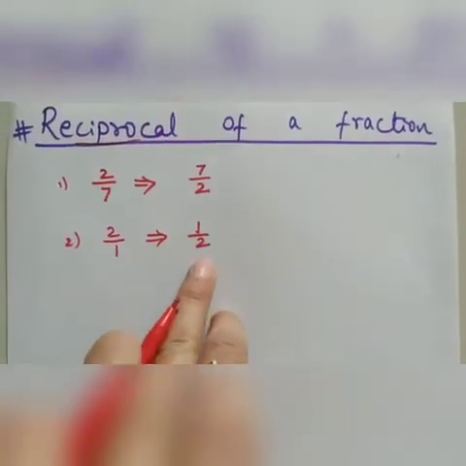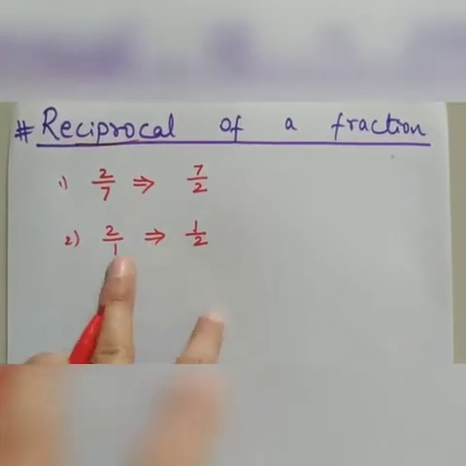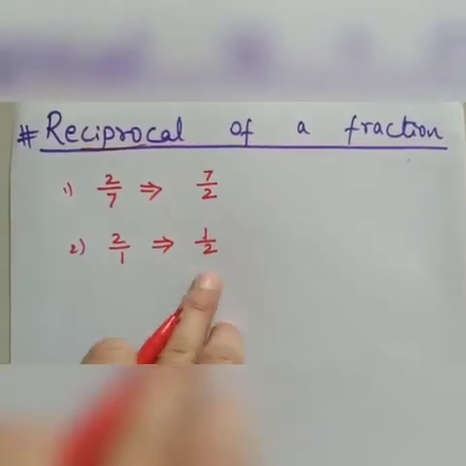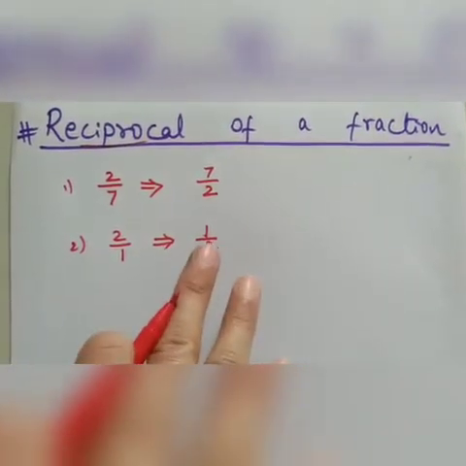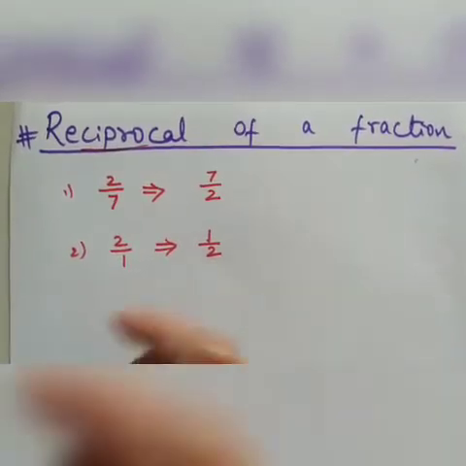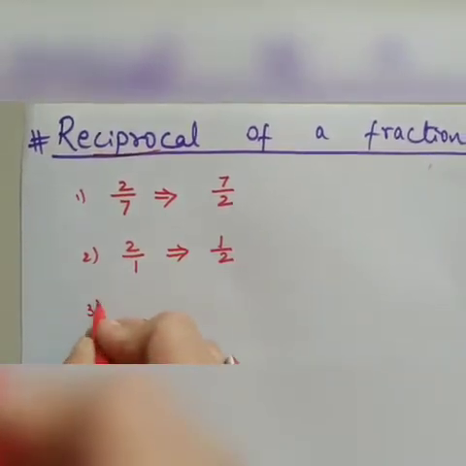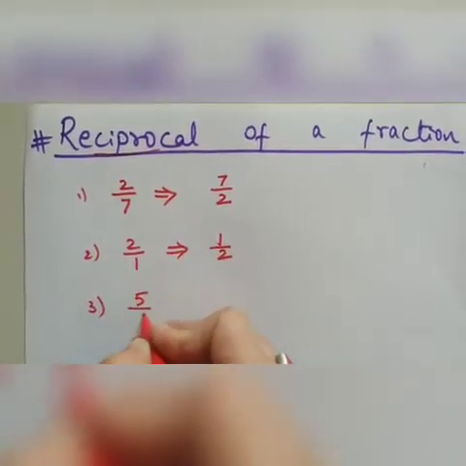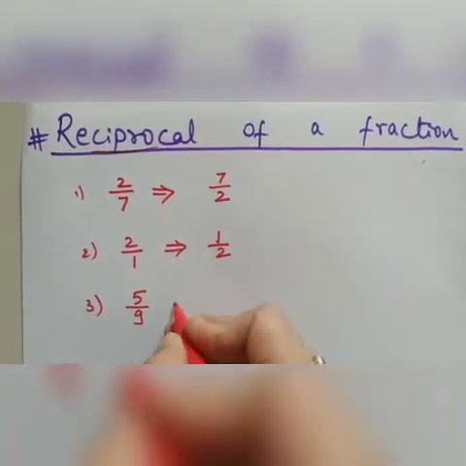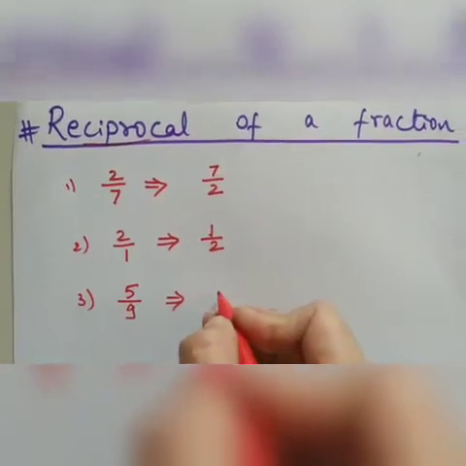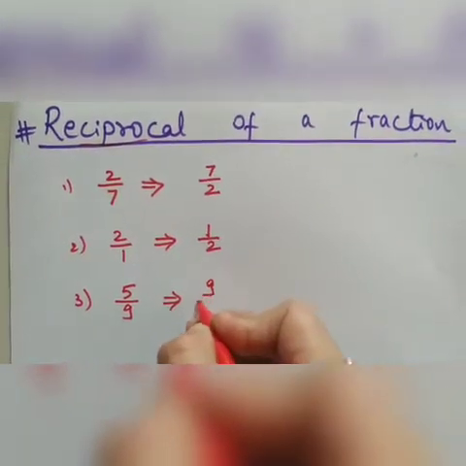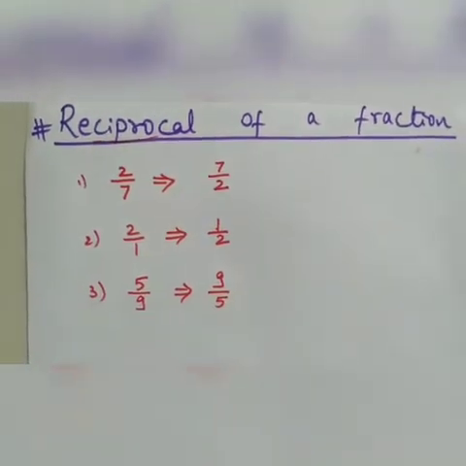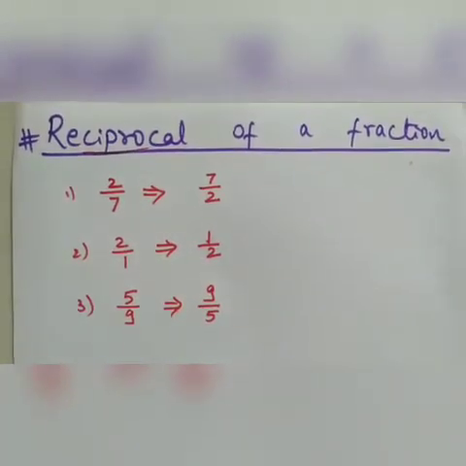By interchanging the denominator and numerator, or by inverting it, we get the reciprocal of any fraction. One more example: suppose you have to find the reciprocal of 5 by 9. So what is it? Yes, 9 by 5. So this is about the reciprocal of a fraction.